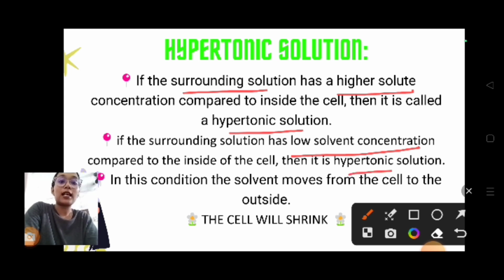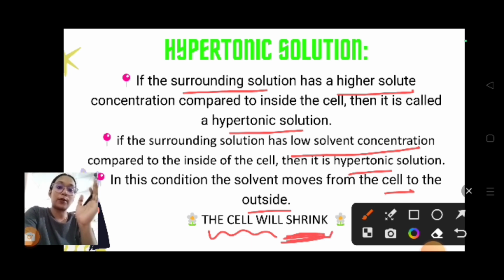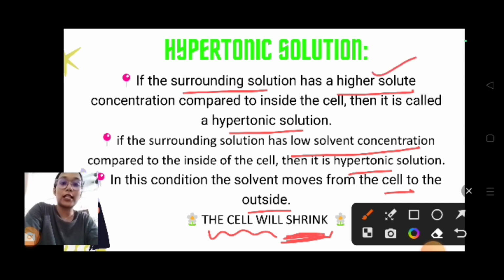In this condition the solvent moves from the cell to the outside, and at last the cell will shrink. So just keep in mind, the surrounding will have high solute and low solvent concentration. Water will move from the cell to the solution and the cell will shrink. It is completely opposite of hypotonic solution.